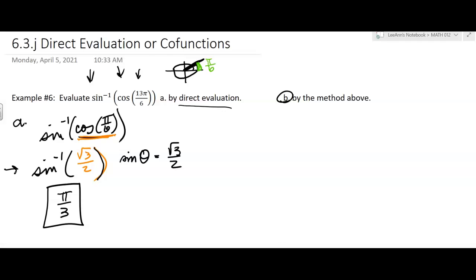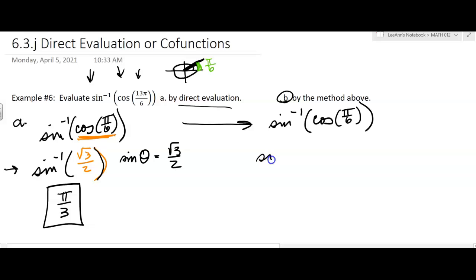Okay, now let's try the other method and see if you like that better. We're going to start with our idea here that it's more than one trip around the circle, so we're going to use a coterminal angle that's equivalent. Okay, now we're going to apply the cofunction idea.